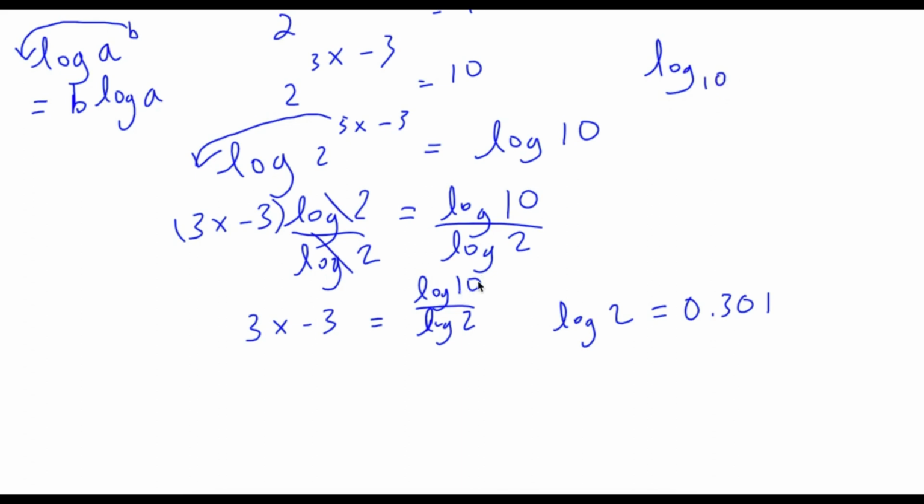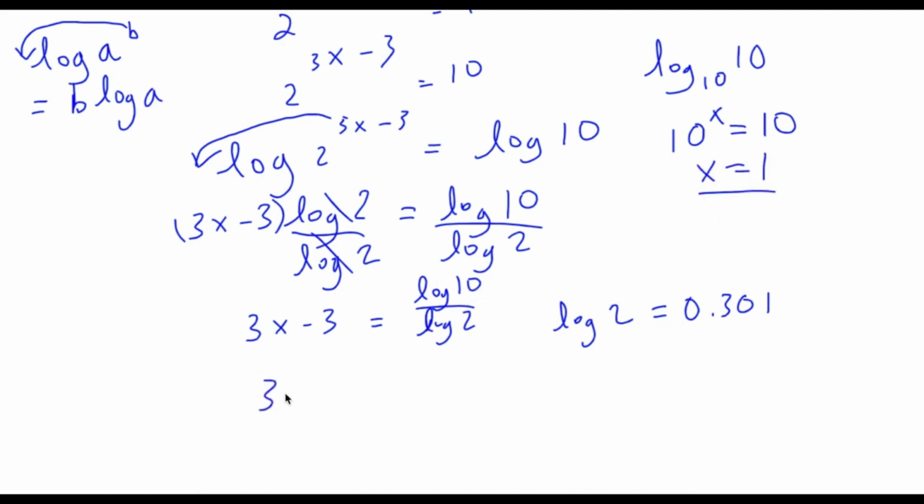So this is the same thing as log base 10 of 10. And this is essentially asking: 10 to the power of x is equal to 10, so what is x? And x is equal to 1, right? So log 10 is equal to 1.